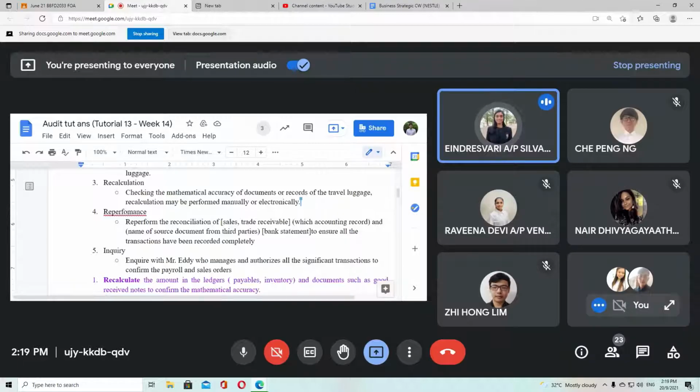So the question is asking what item, SOFP or SOPL? SOPL. Then how? The thing is, now your answer is on test of controls, but the question is asking for substantive procedures, so that is not relevant here.